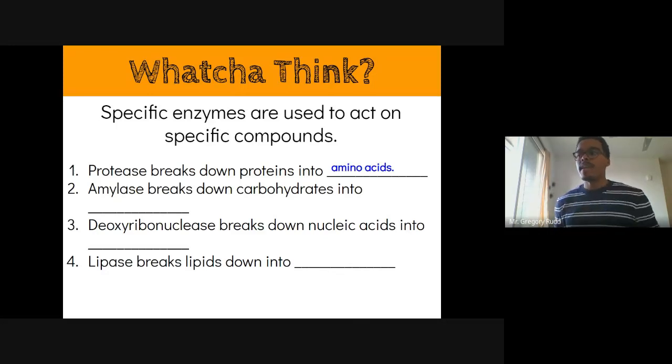There's no need to memorize these enzymes. Don't worry about it. Amylase breaks down carbohydrates into what? Number two. What will a carbohydrate be broken down into?